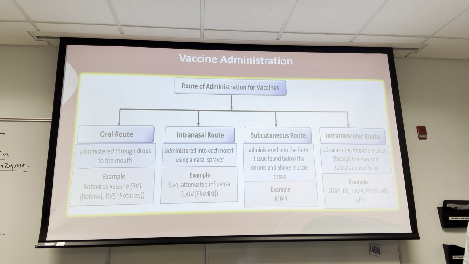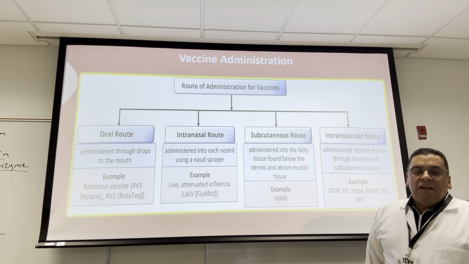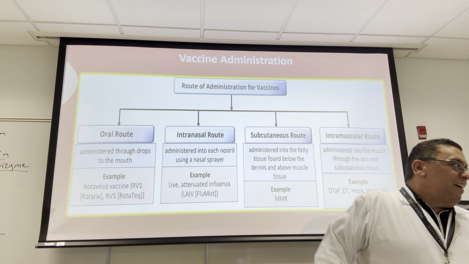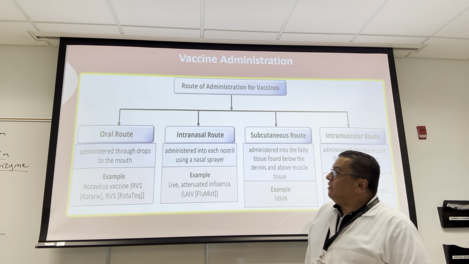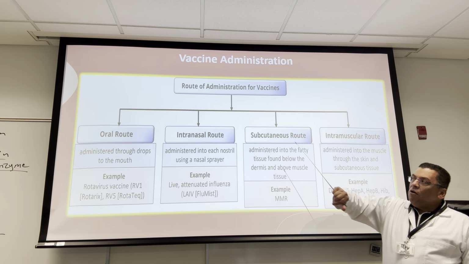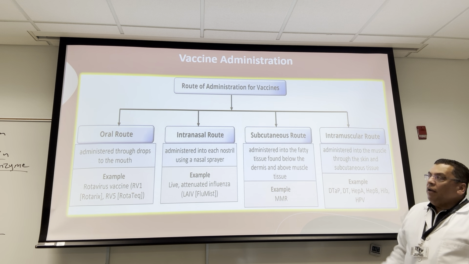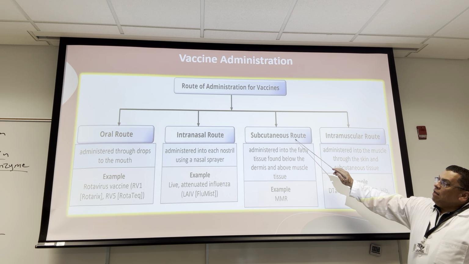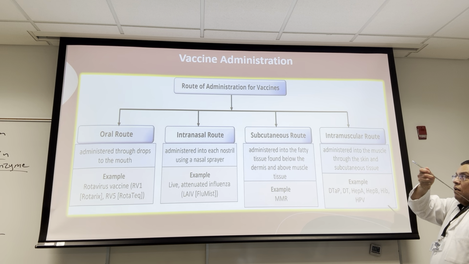Okay, route. This one is easy. You can take it through your mouth. What would that be? Oral route. You can take it through your nose. What would that be? Intranasal. Under the skin. That means a shot. Subcutaneous, in your muscle.